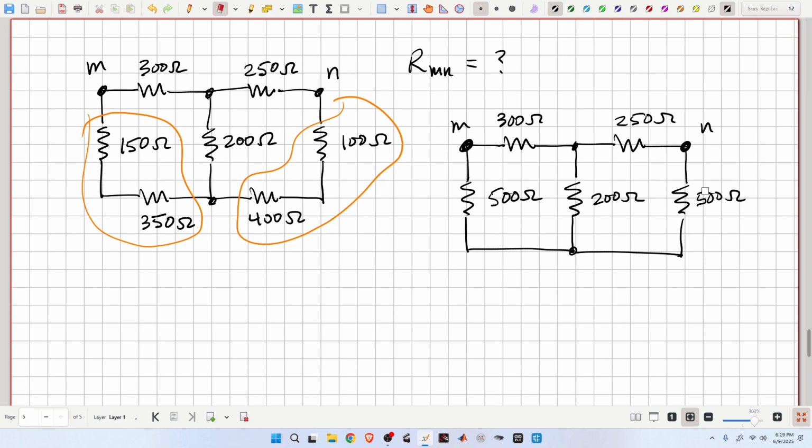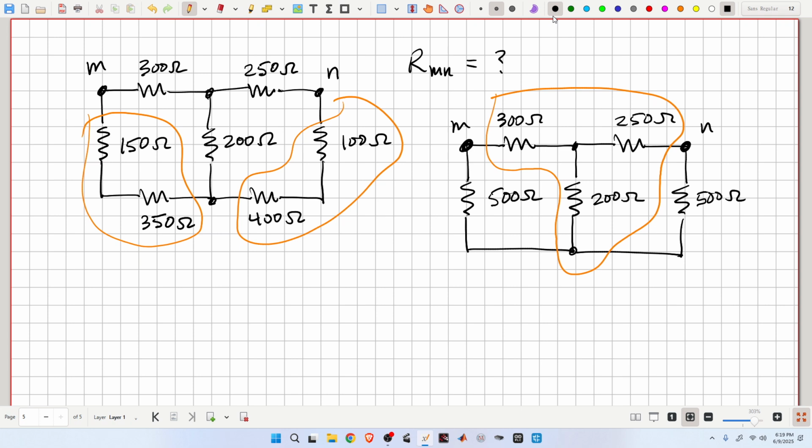So we can look at this now, and we could, for example, say these three give you a pi type of structure. These three in the middle are T. Here's a pi. Let's go with the middle T. Let's do a T to pi on those.